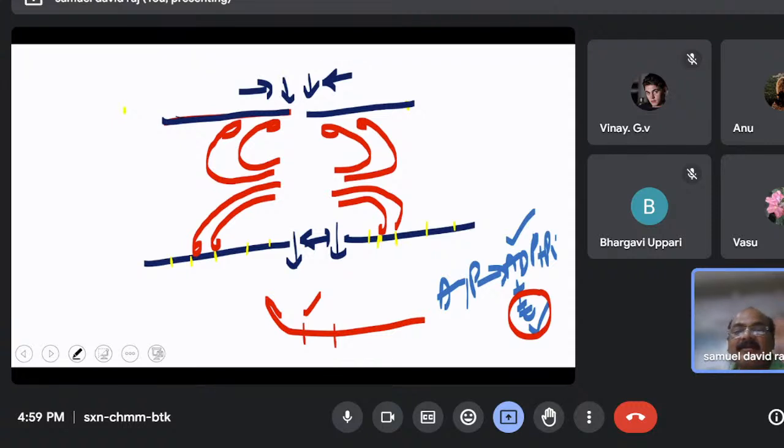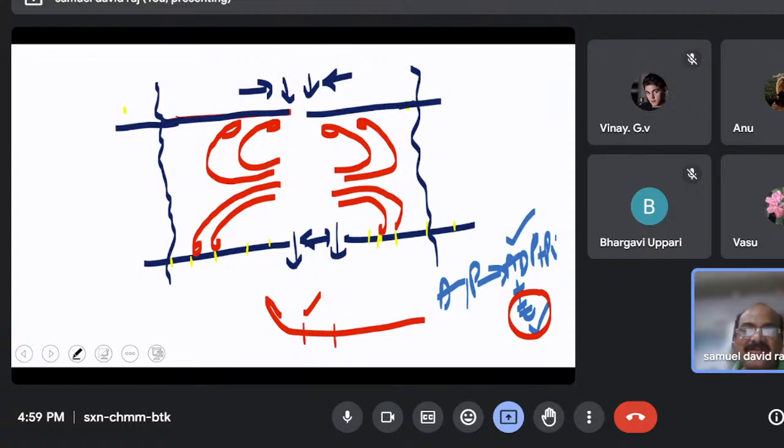And for this, the Z line with its alpha actinin protein acts as a scaffold, a structure which supports this pulling. So these are pulled inside, and they are still attached to active sites 1 and 2, and there are still more active sites on the actin filament. The same thing happens on this side also.